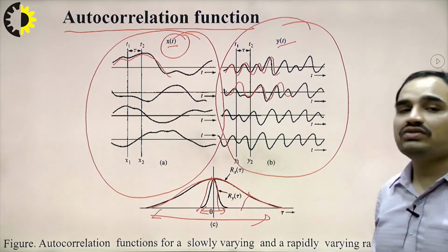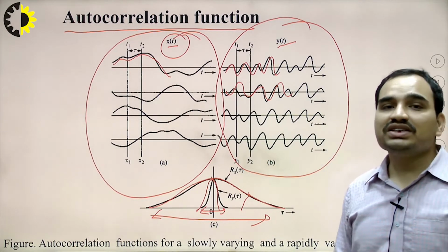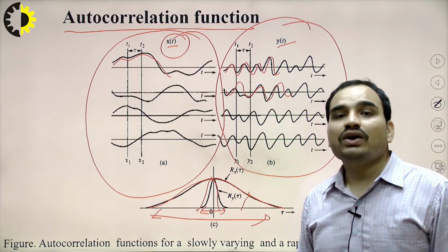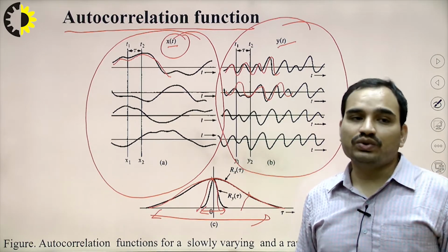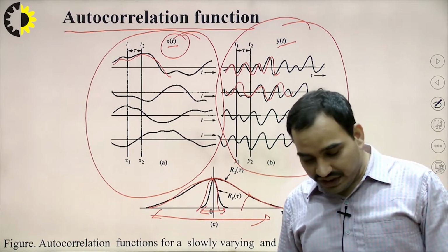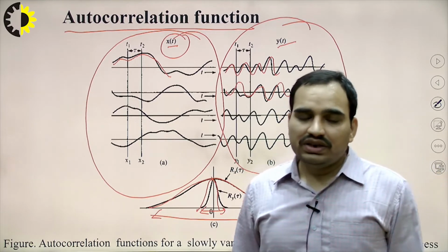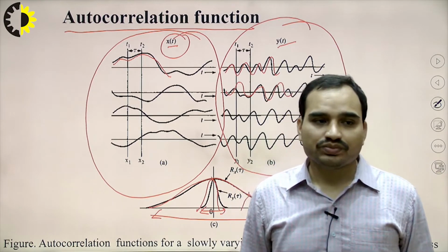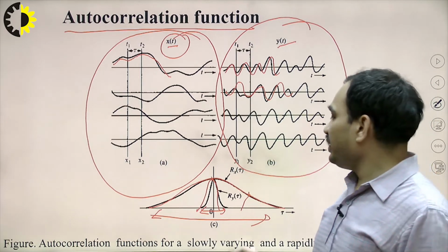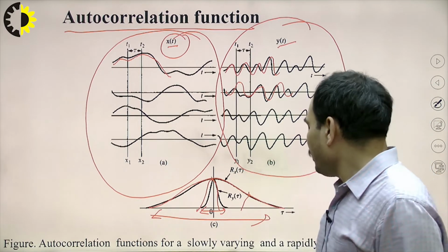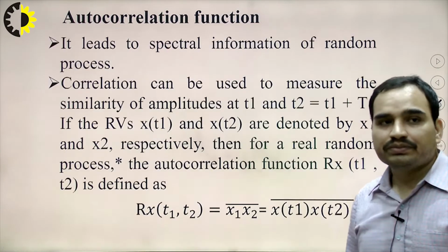So this classifies whether our signal is varying at a very high rate or at a very slow rate. We can get this information for the receiver in communication. So the autocorrelation function we have classified for slow and rapidly varying signals.